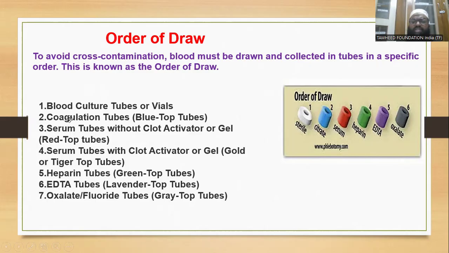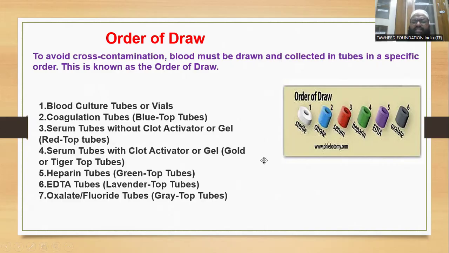Second tube is coagulation tubes, that is blue top, as you can see in the picture. Sterile one is number one, number two is citrate. Third, serum tubes without clot activator or gel, red top tubes. So red cap or yellow cap tubes you can use.